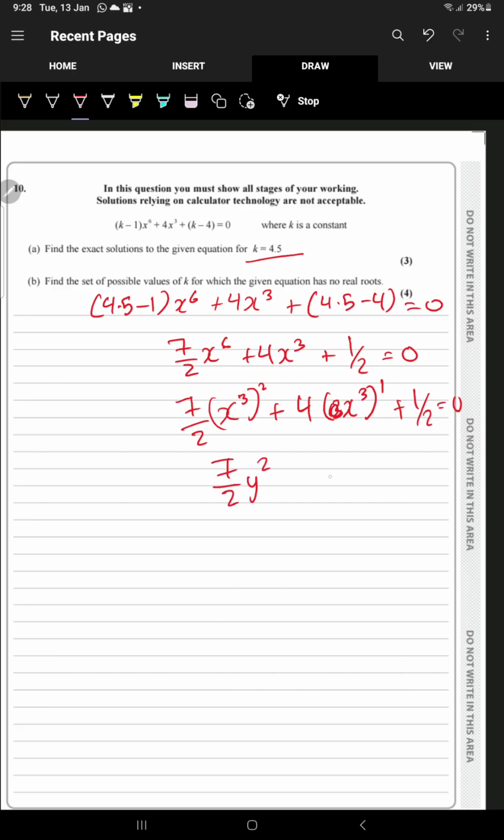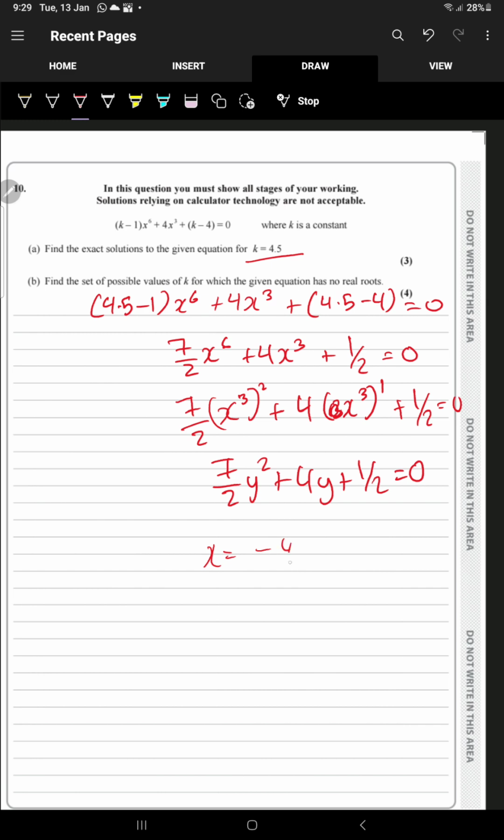So now, with the polynomial, you can do it by quadratic formula. The quadratic formula, which you should know, is minus b plus or minus the square root of b squared minus 4ac, over 2a.